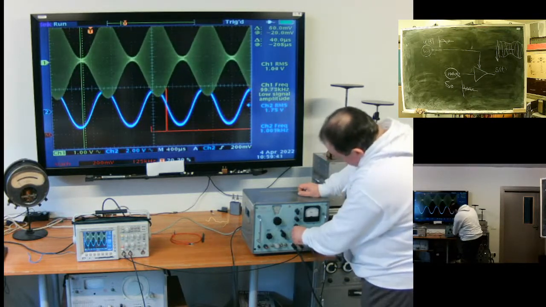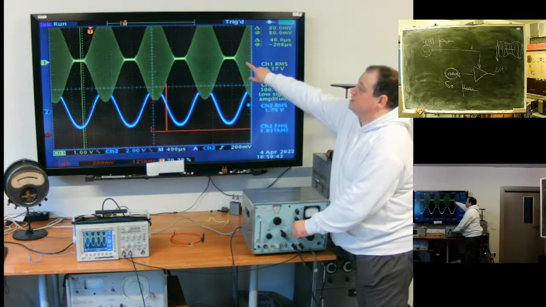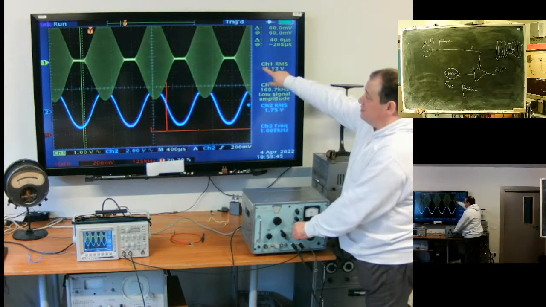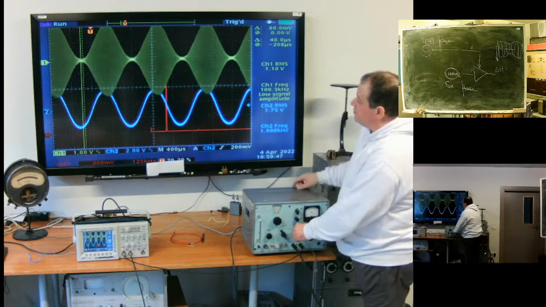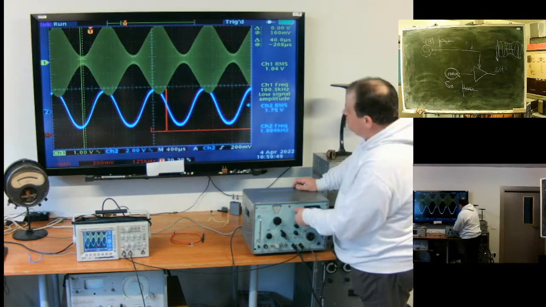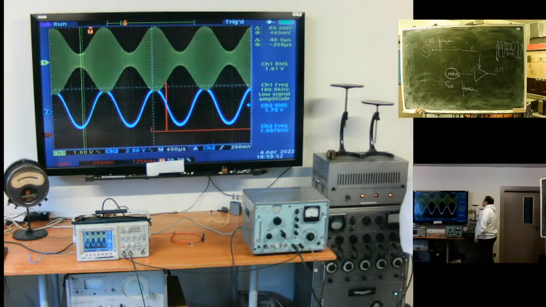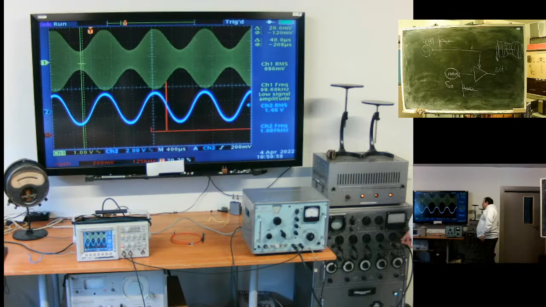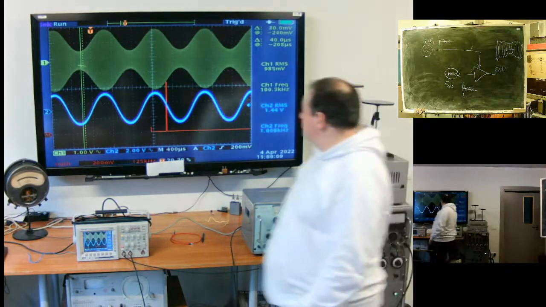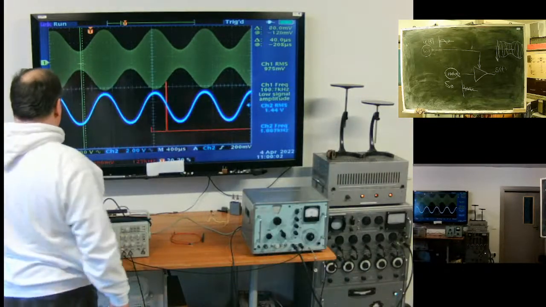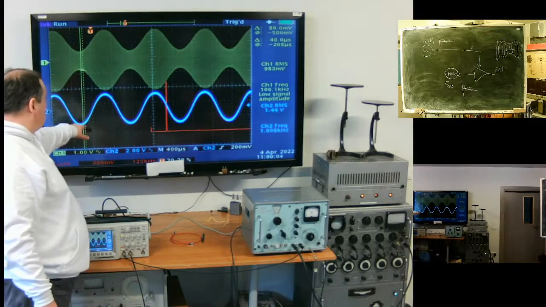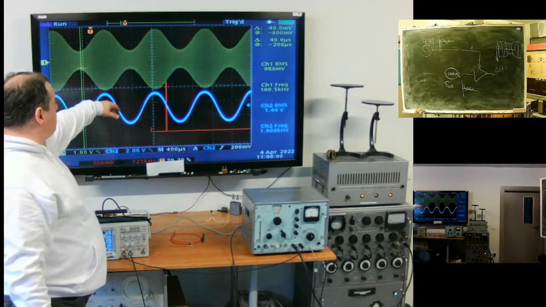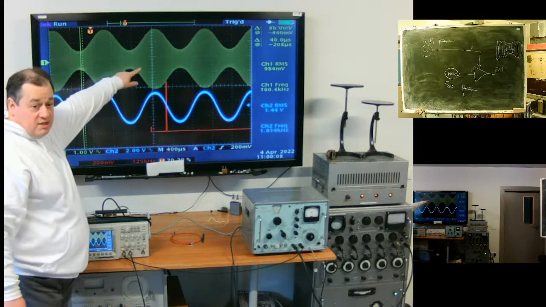I can have that over 100% and the signal is now corrupted. From the outer source it looks like this. Nice. Modulating signal, 100 kilohertz carrier, and modulated signal.